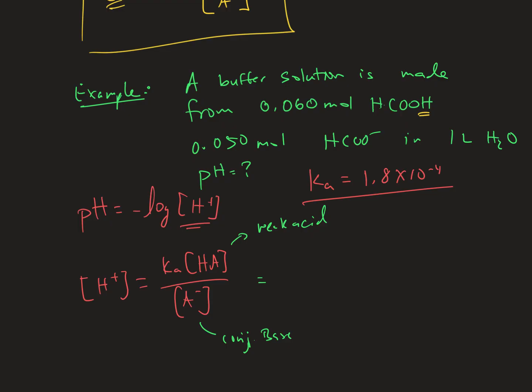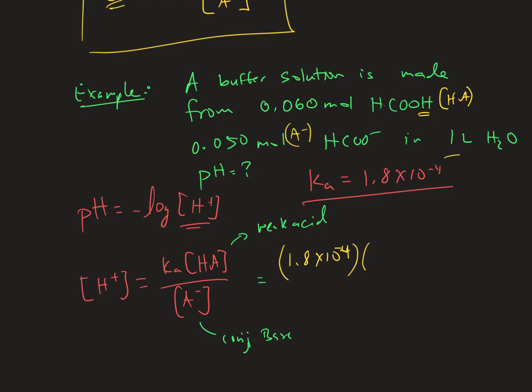We plug all that into our formula. Our Ka is 1.8 times 10 to the negative 4, times our HA concentration. Do we know our HA concentration? This is my HA, and this is my A minus. What's my concentration?